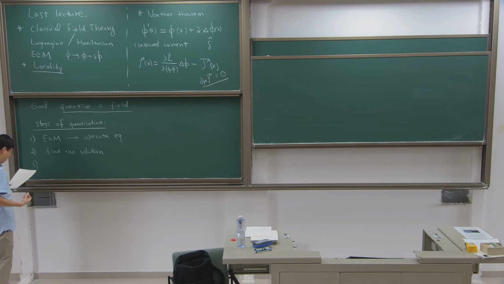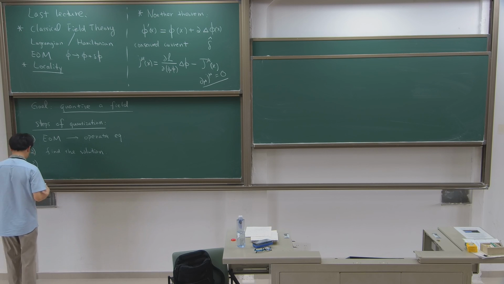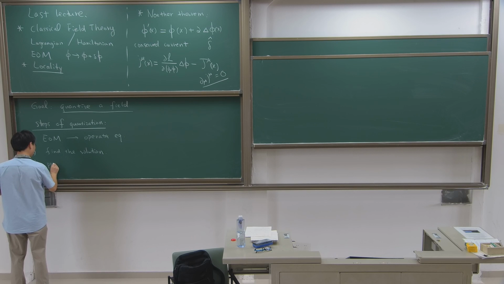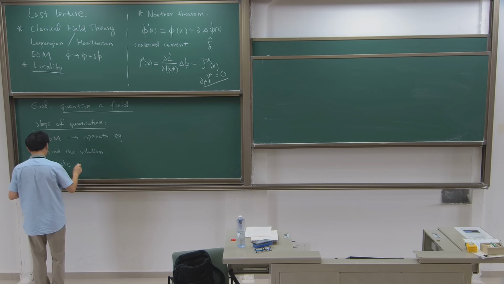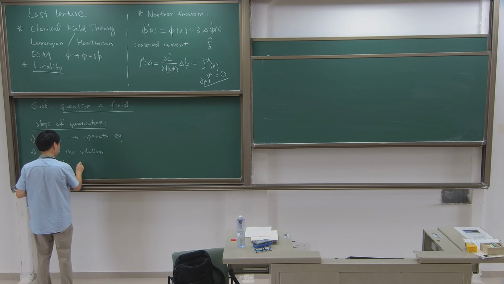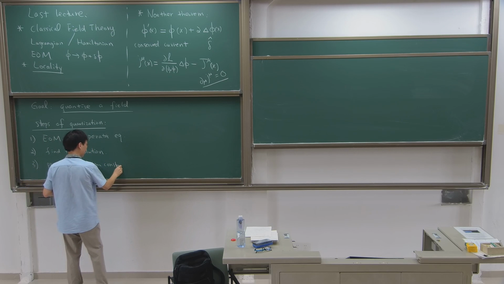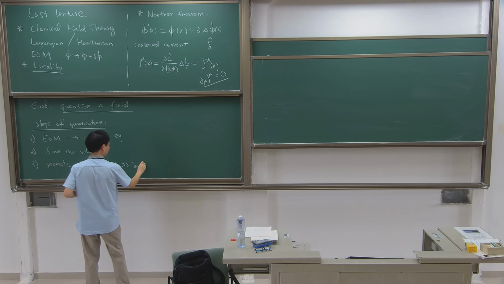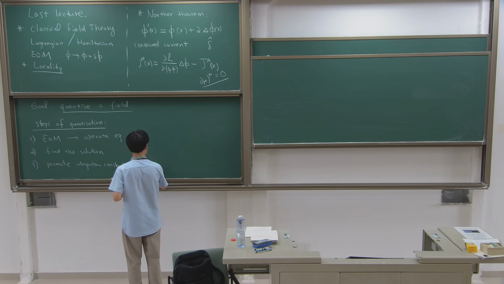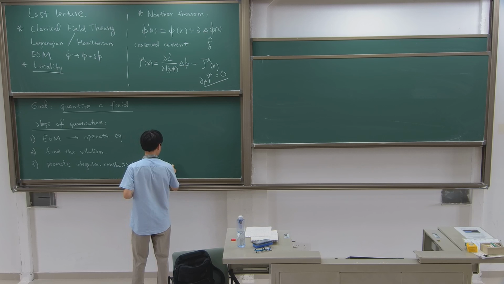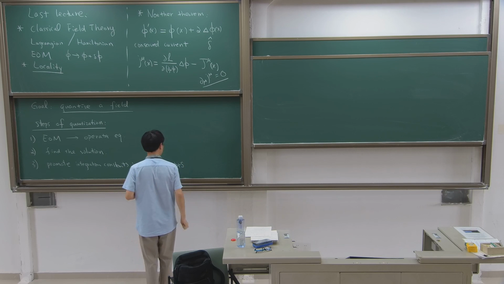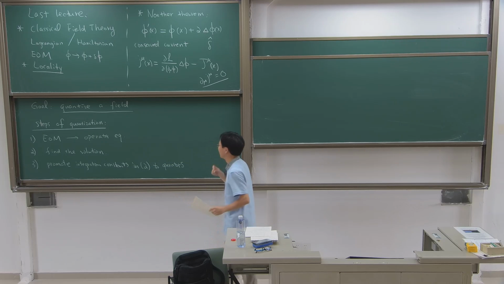When you have the solution, you can distinguish what are the parameters and what are the operators. We can look at the solution and promote the integration constants to operators.